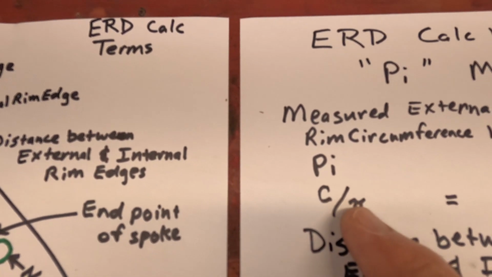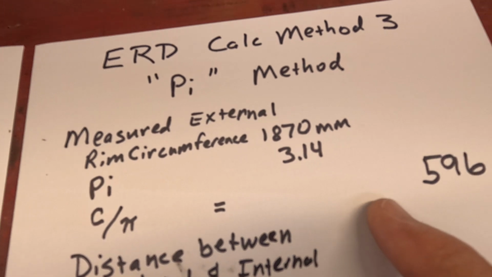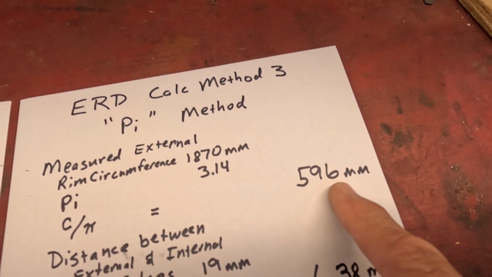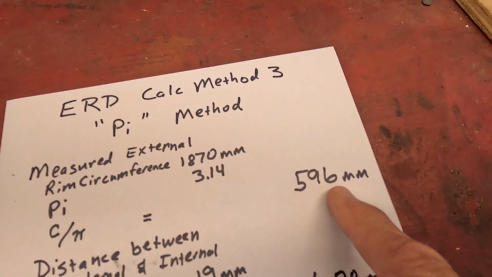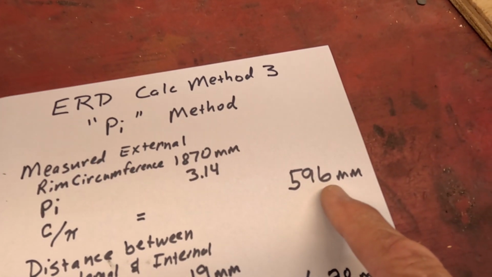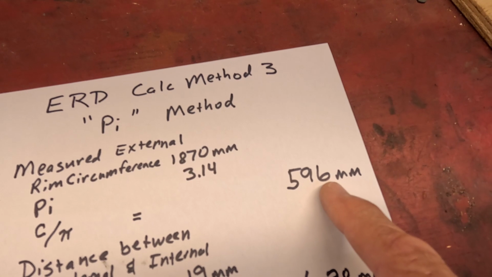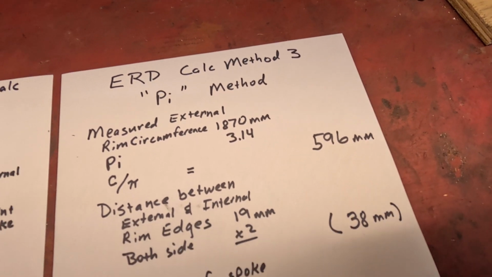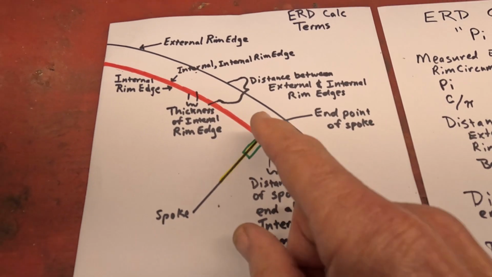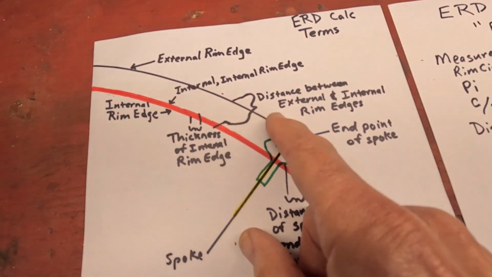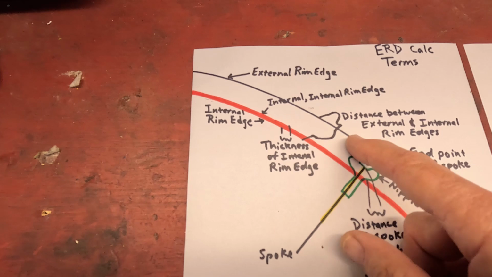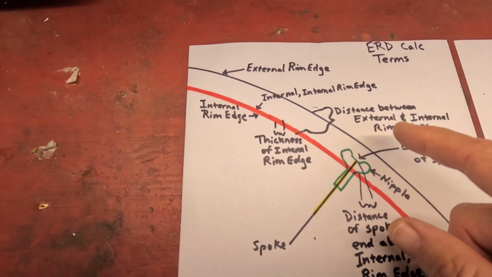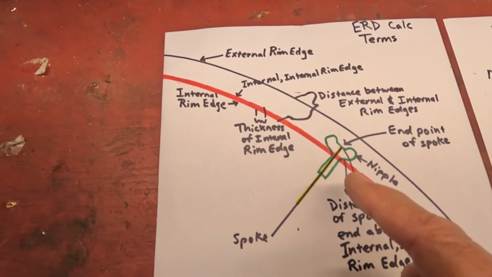So the circumference divided by pi would give us 596, which would be the diameter of the rim. But going back over to our chart, that is the external rim edge that I've calculated the diameter to, and I need to adjust that.